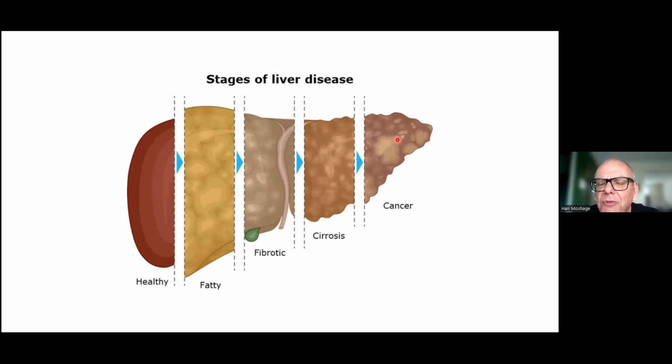So remember that when I talked about fatty liver as being the most prevalent liver disease of the future, 30% of the population has overweight, is obese. Many of these patients will develop a fatty liver, fibrosis, cirrhosis, and eventually liver cancer. So we will also face in the future an epidemic of liver cancer, hepatocellular carcinoma.